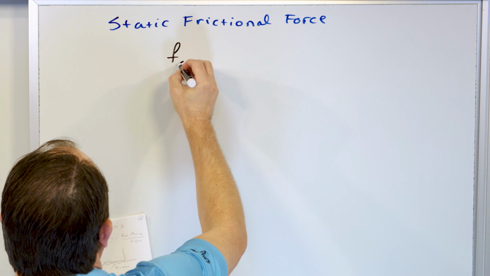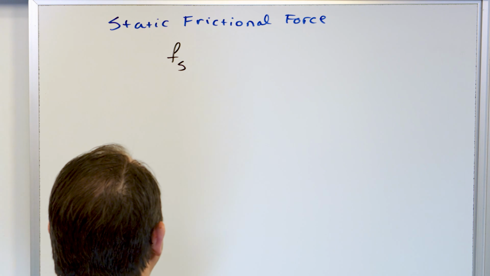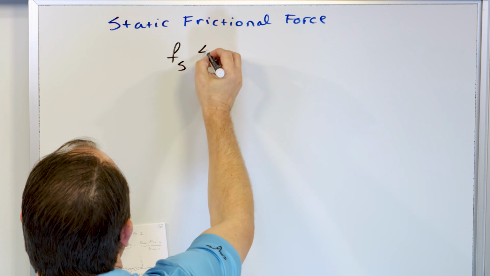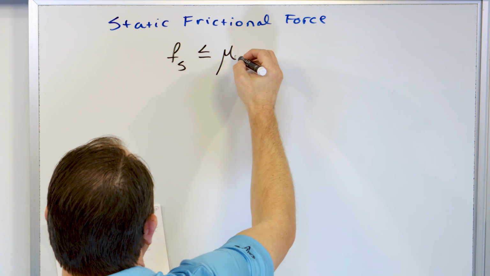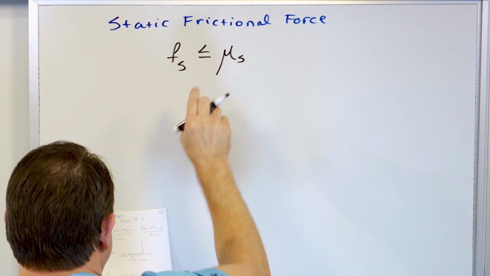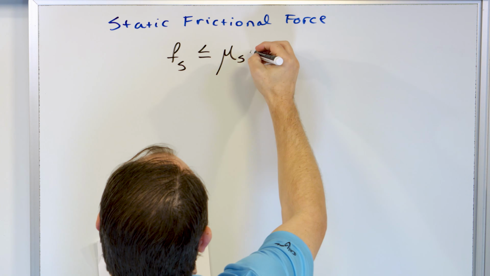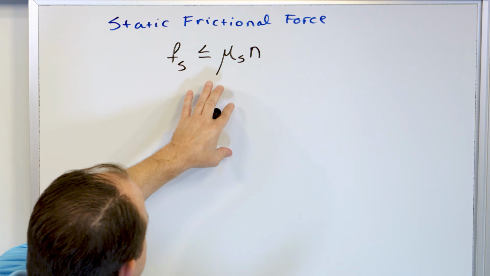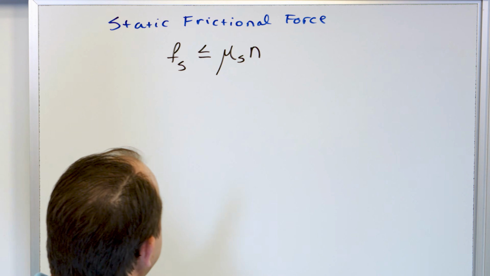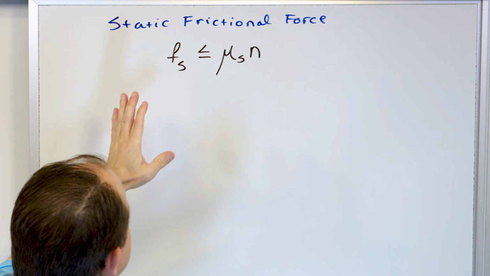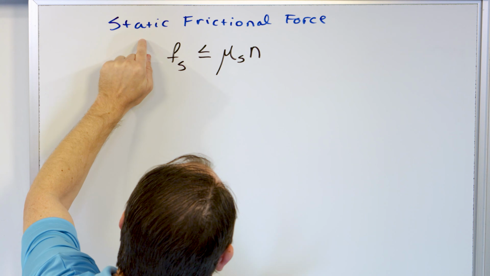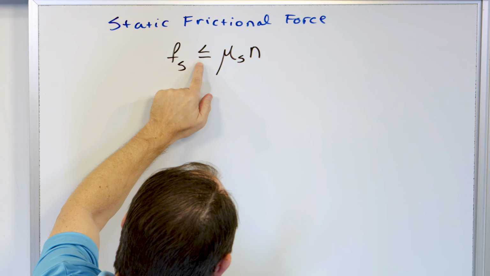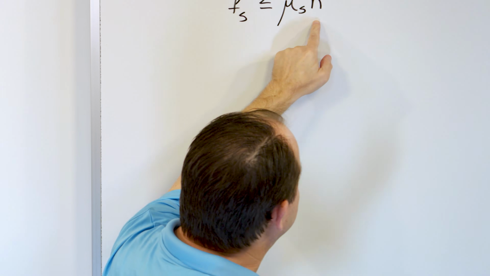Some force, which is static, the s there means static frictional force, is less than or equal to the Greek letter mu sub s, because it's a static frictional coefficient, which we'll talk about in a second, multiplied by the normal force. Now, this is a little bit weird to write this equation right now because I haven't really drawn a picture yet. But basically what this equation is saying is that the static frictional force has to be less than or equal to some maximum value. Remember I said there was a critical value. When you push just enough, you can unlock it and it starts moving.